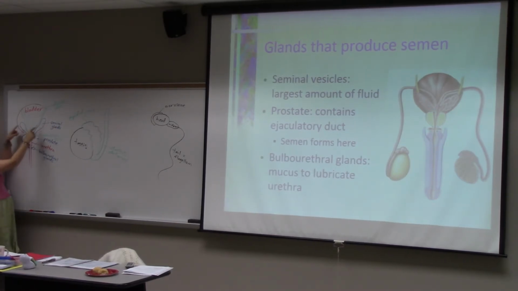So the seminal glands produce most of the fluid, the prostate produces a little more fluid, as the sperm and seminal fluids combine. The bulbourethral glands mostly produce mucus that lubricates the urethra so the semen can move through it more easily.